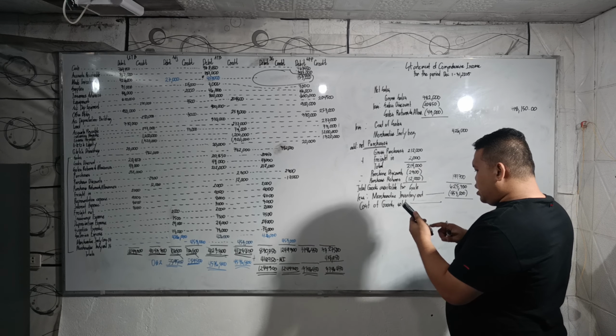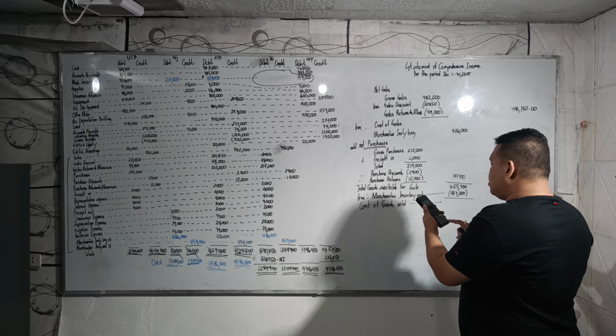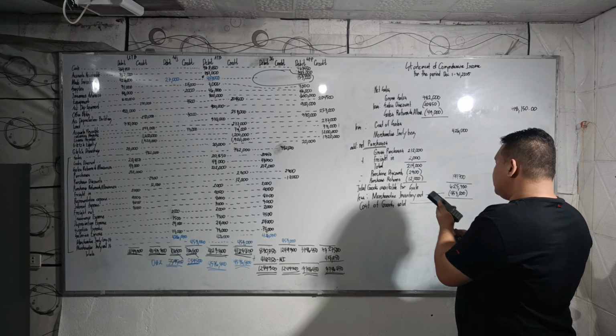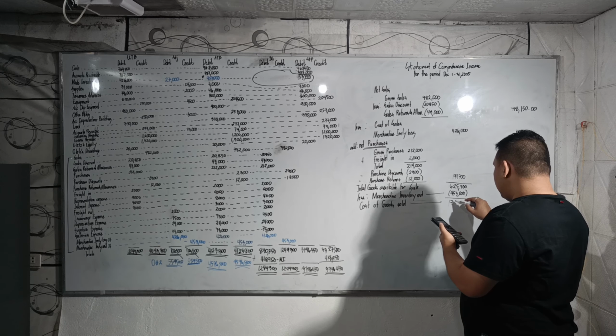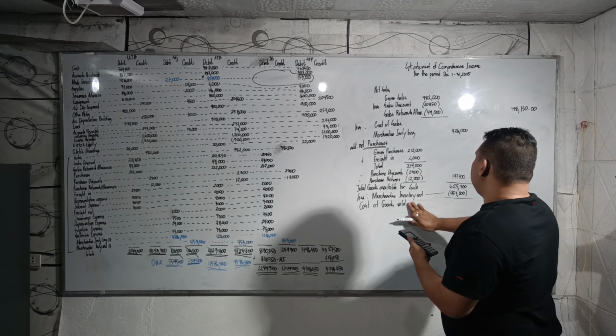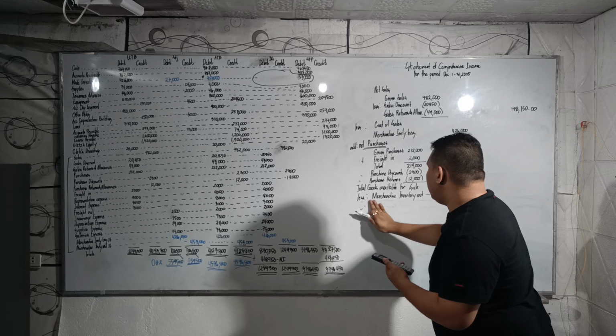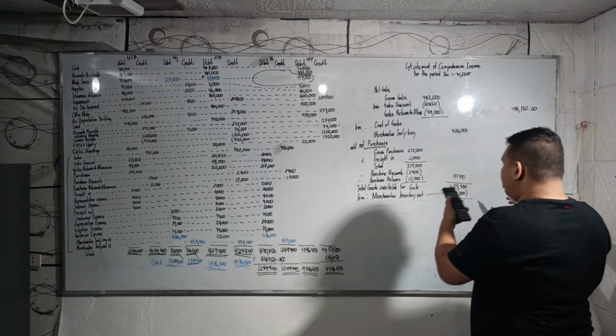So 625,700, there is an inventory that was left in the warehouse, for example, of 453,000. That means what was sold, the cost of goods that you sold, is this. I'm not going to put it here because I'm using the indent style.